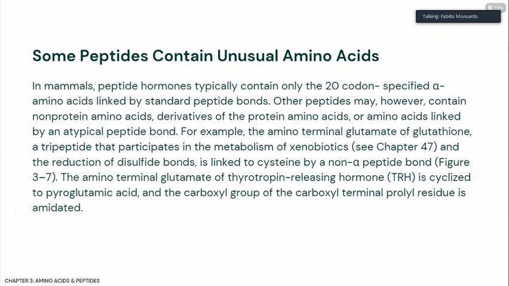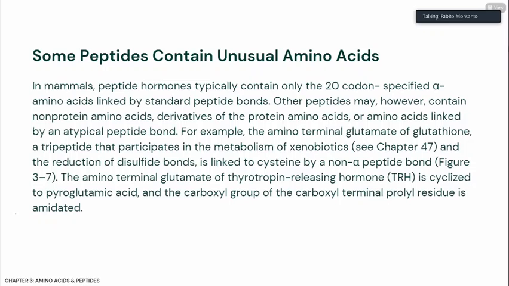Some peptides contain unusual amino acids. In mammals, the peptide hormones typically contain only 20 codon-specified alpha amino acids linked by standard peptide bonds. Other peptides may, however, contain non-protein amino acids derived from the metabolism of the amino acids.